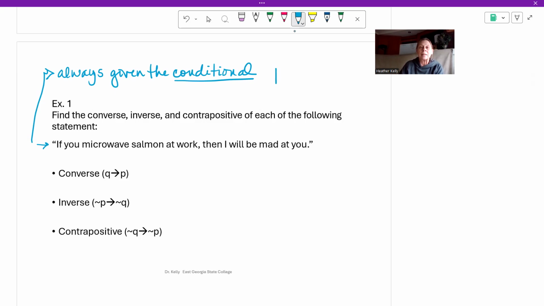So this means that it is P implies Q. So P here is microwave salmon at work. Okay, and Q is going to be I will be mad at you.